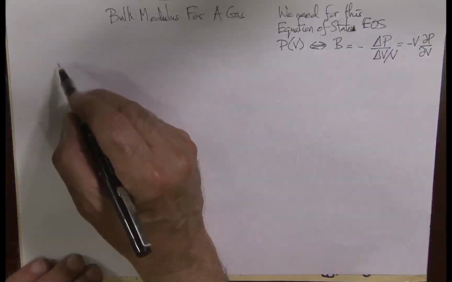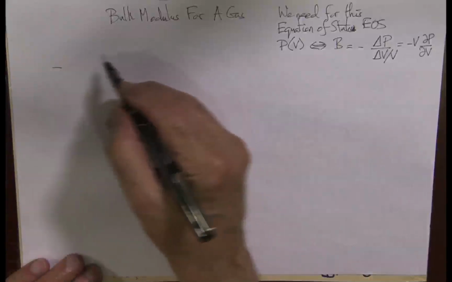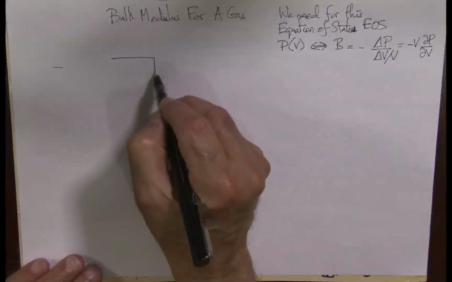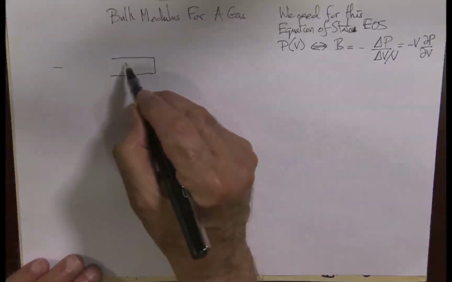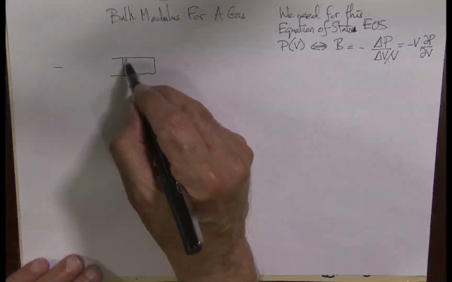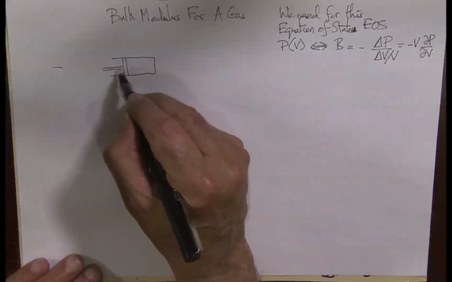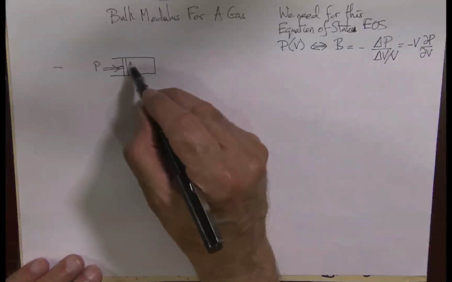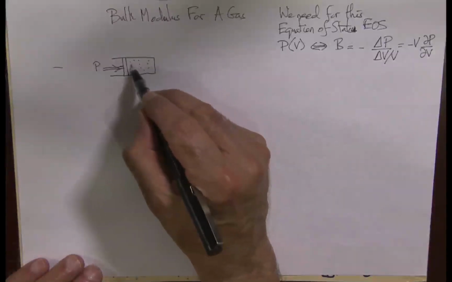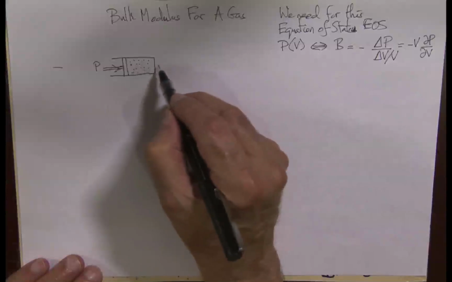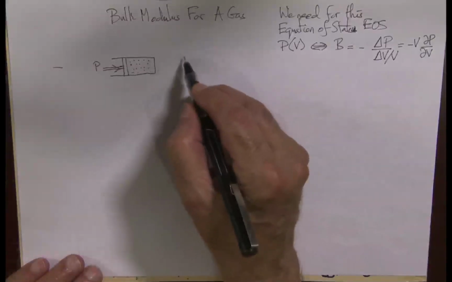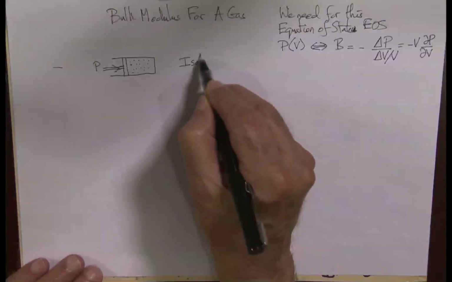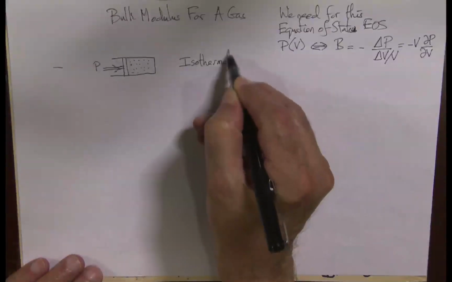Okay, so there are two possibilities. And let me draw a cylinder here. And this is, let's say, a piston with which you apply a pressure P. There are atoms in here moving around. And then let's take the first case, which will be isothermal, meaning the following.